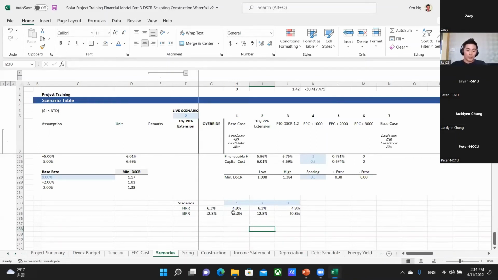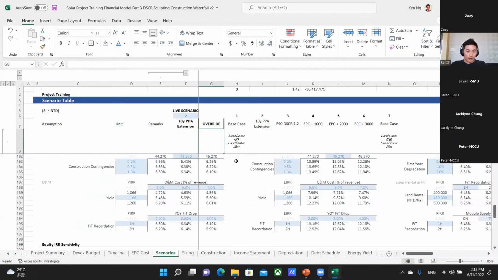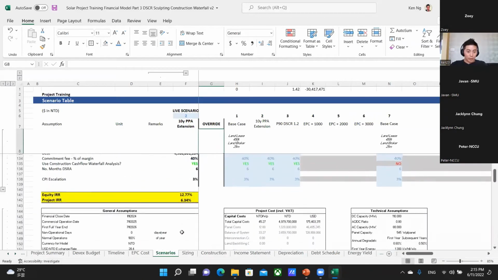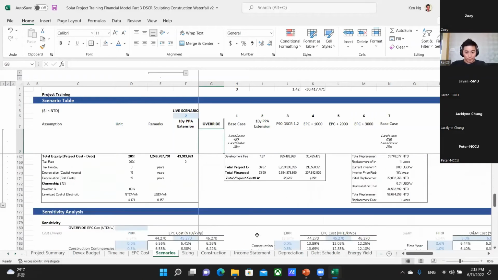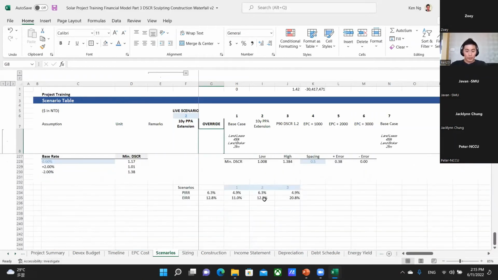So you can see here that it simultaneously outputs the results for scenarios 1, 2, and 3. The way to check that is, for example, in scenario 2, the results are 6.3 and 12.7, which is what's showing under scenario 2.